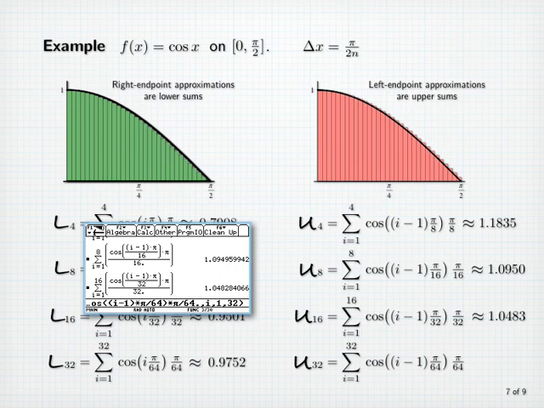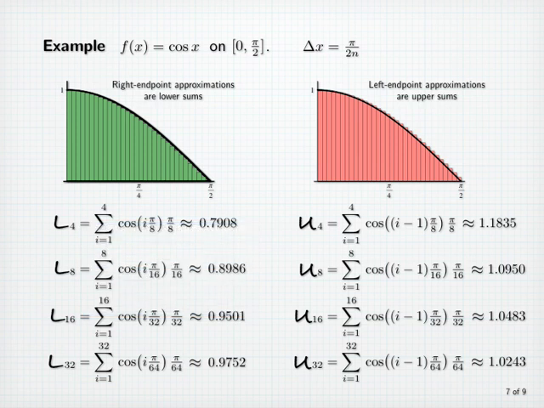U32 is 1.0243, where we've rounded all of our numbers to 4 decimal places. So notice here that as n increases, the lower sums are increasing and the upper sums are decreasing. And in fact, the actual area is going to be greater than all of the lower sums and less than all of the upper sums.